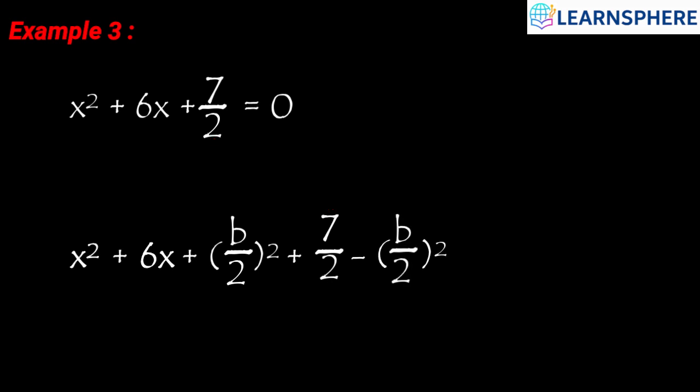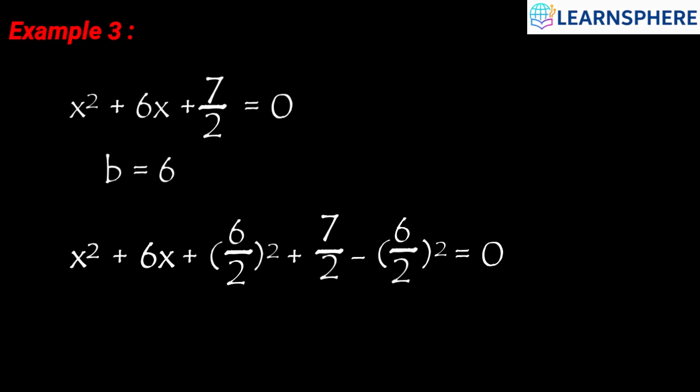And we have to minus off (b/2)² and equate it to 0. In this equation, we have our b value, which is the coefficient of x, to be positive 6. So therefore, our equation would be x² + 6x + (6/2)² + 7/2 - (6/2)² = 0.